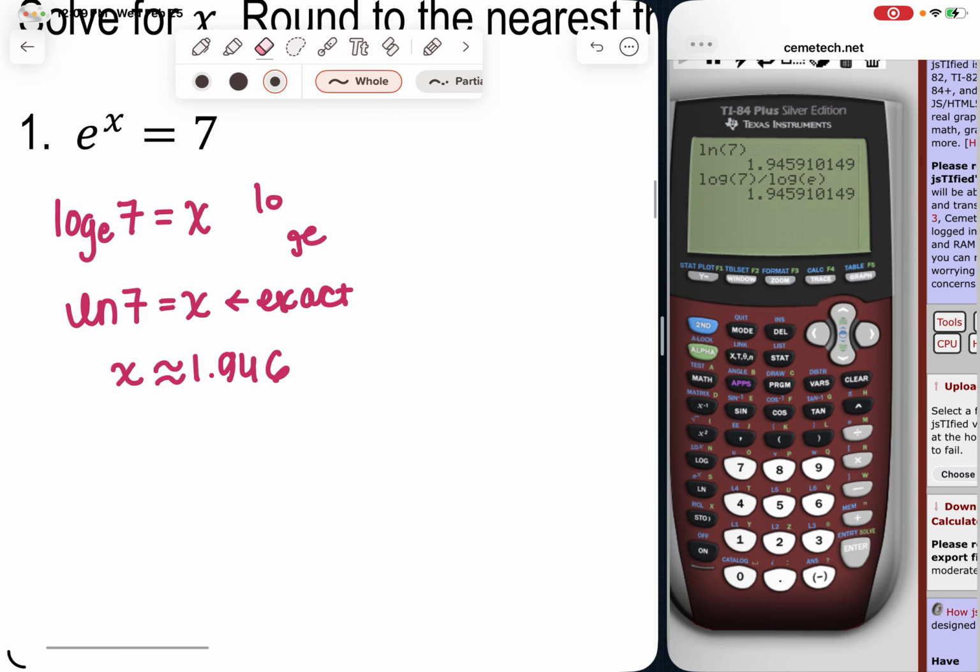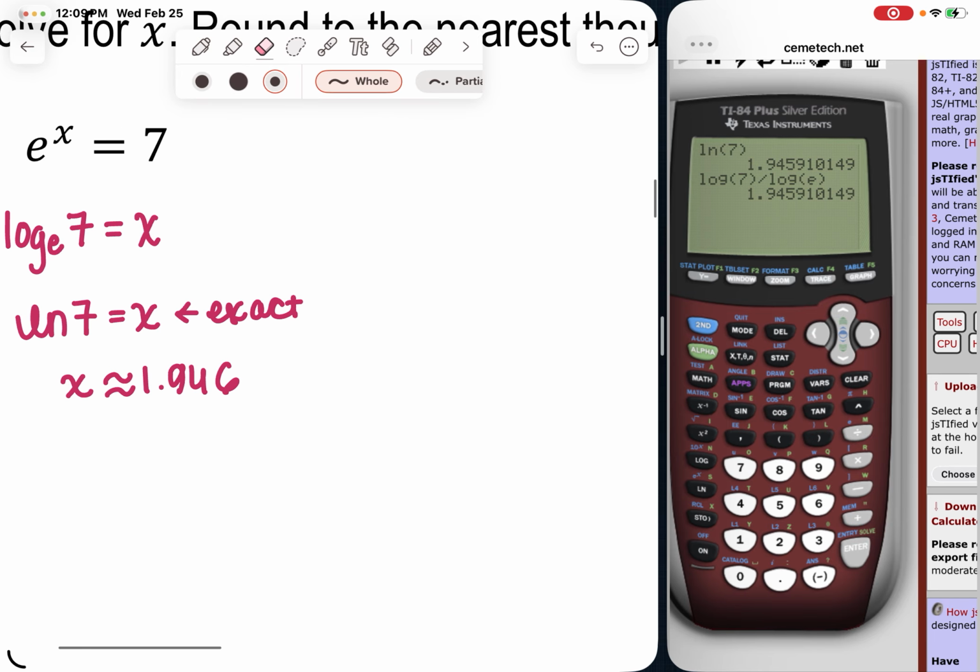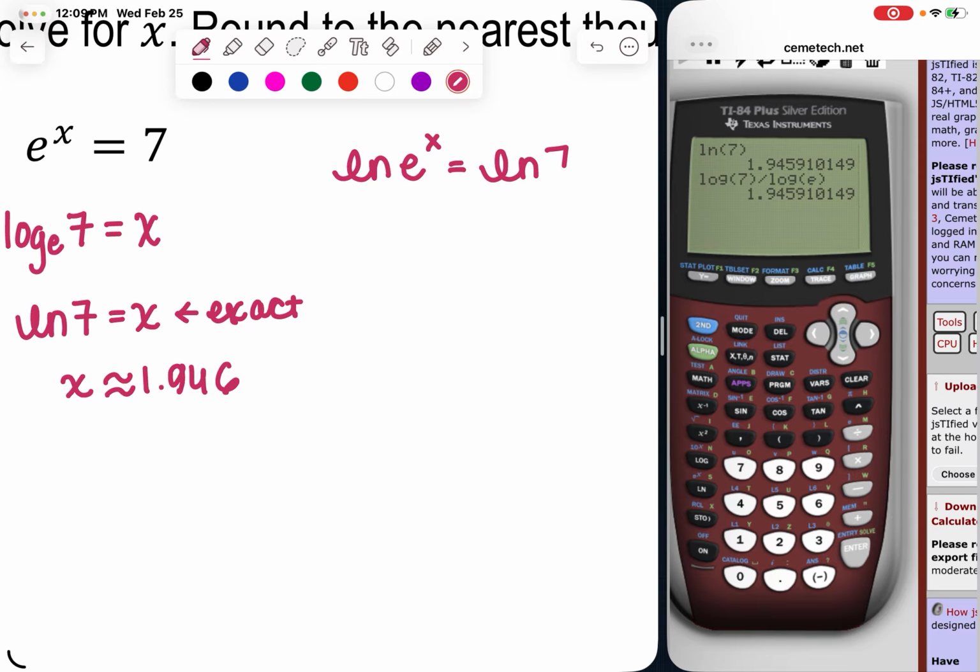So another way of doing this is that you can use logs to solve by logging both sides, right? Once you do something to one side, you can do it to the other. Since this has a base of e, you could natural log both sides instead, or log, it doesn't matter to me, but if you wanted to, you could natural log both sides. So natural log of e to the x is equal to natural log of 7.